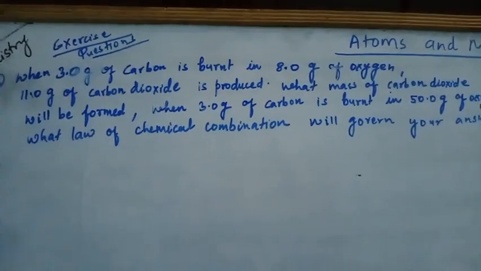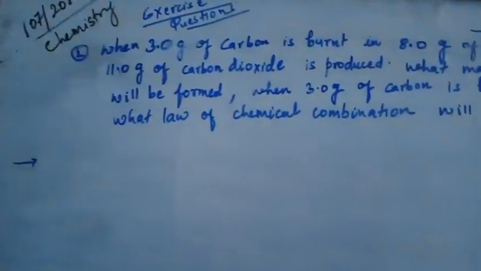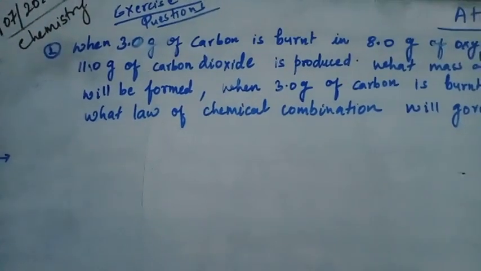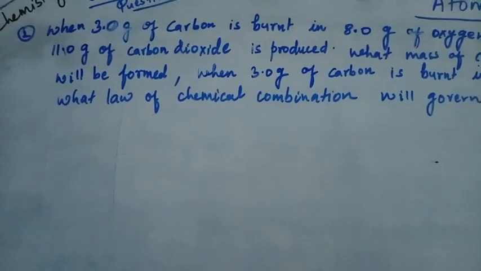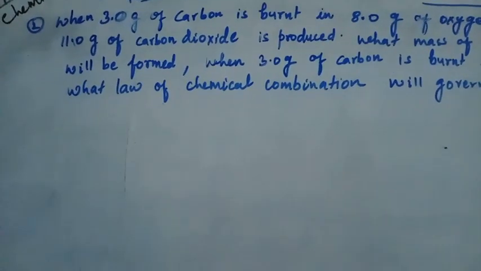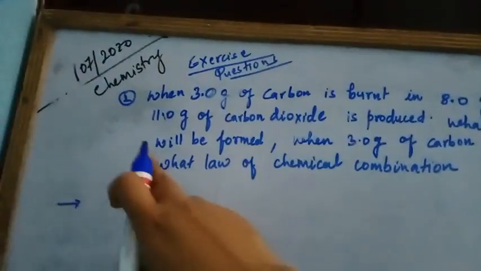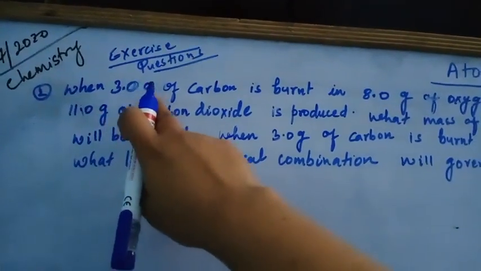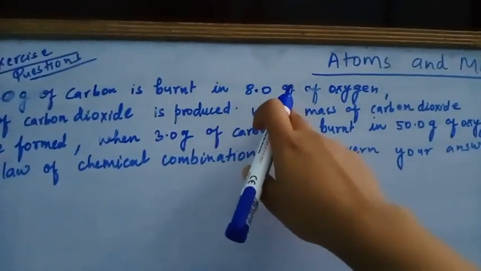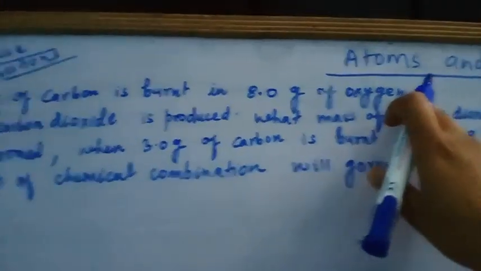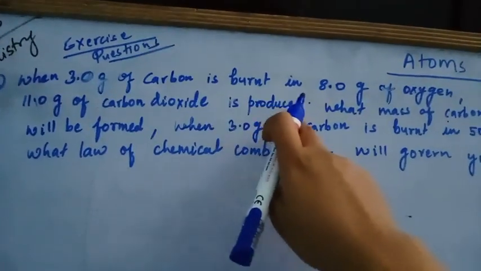The first question we have already discussed in our previous class. Now the second question. These are the questions given at the end of the topic, in the last part, whatever the exercise questions are, I am dealing with those only. So the second question is: when 3.0 gram of carbon is burnt in 8.0 gram of oxygen, 11 gram of carbon dioxide is produced.